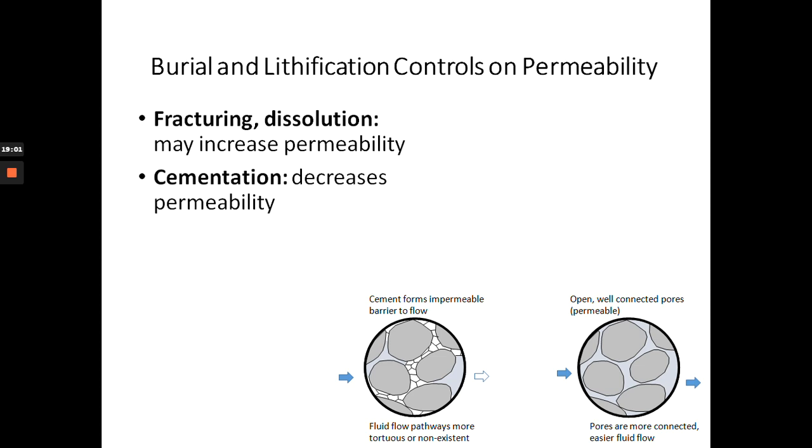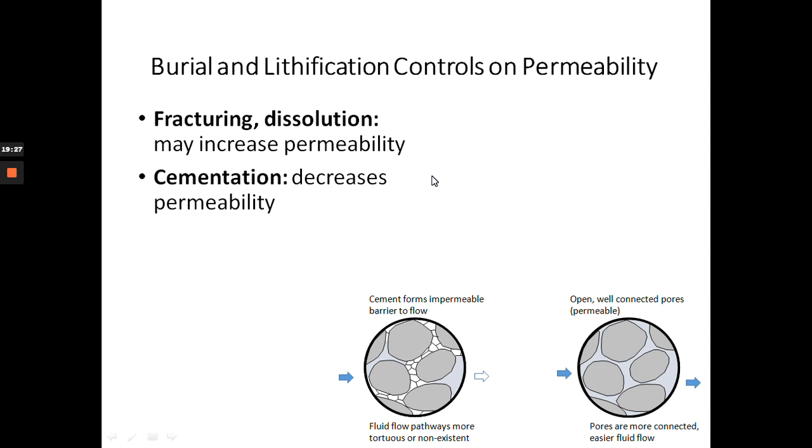Let's look at how these two processes affect permeability. Now, fracturing and dissolution may increase permeability. In the case of fracturing, let's say you have a mudstone with pores, right?